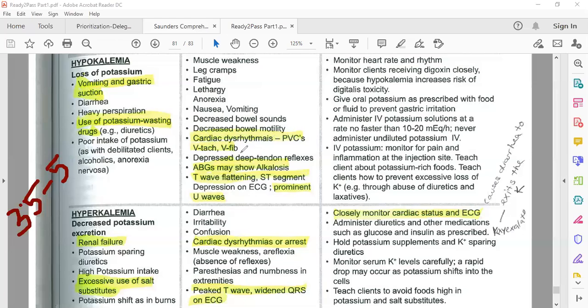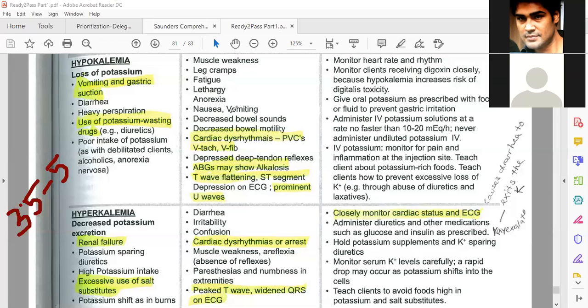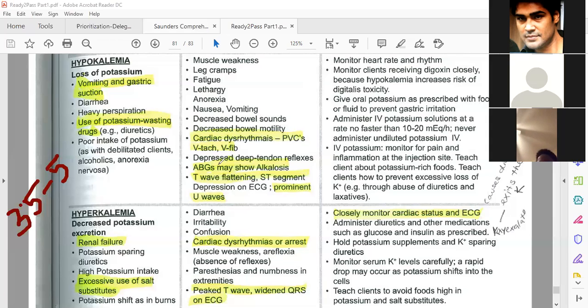Other problems are muscle weakness and muscle cramping, or the patient develops constipation, like hypercalcemia also develops constipation, fatigue, lethargy, anorexia, GI upset like nausea and vomiting, decreased bowel sounds, decreased bowel motility, and depressed deep tendon reflexes, right?